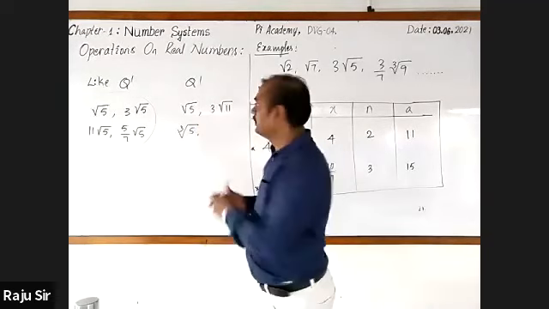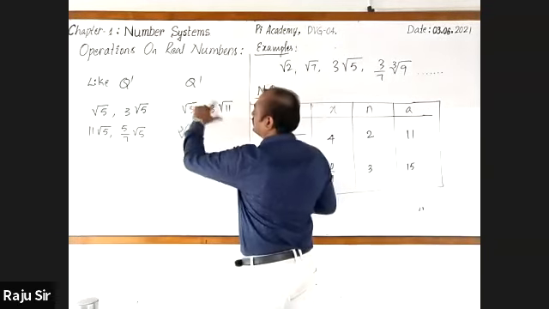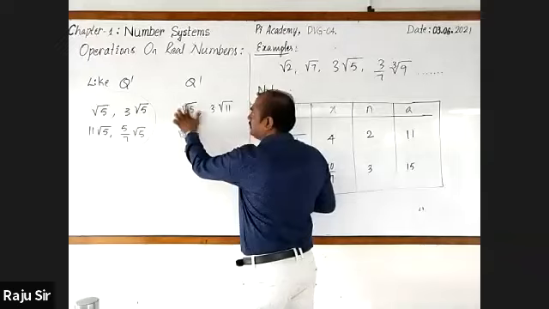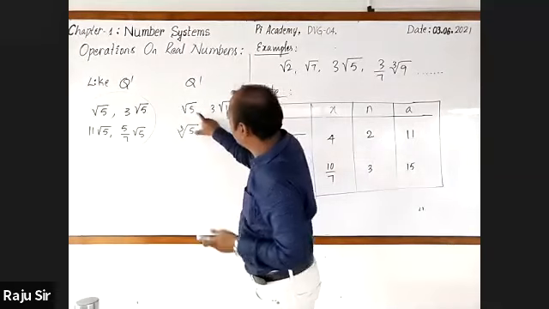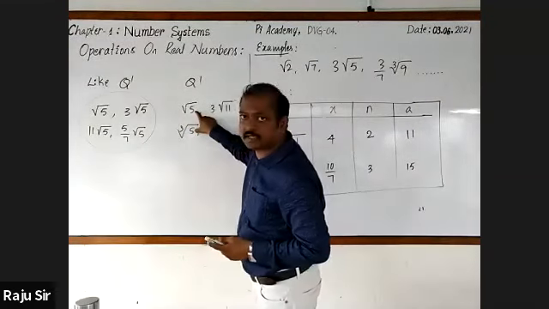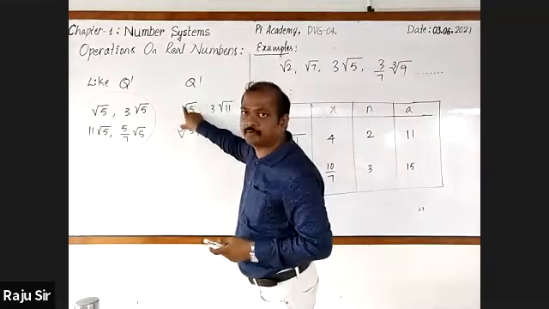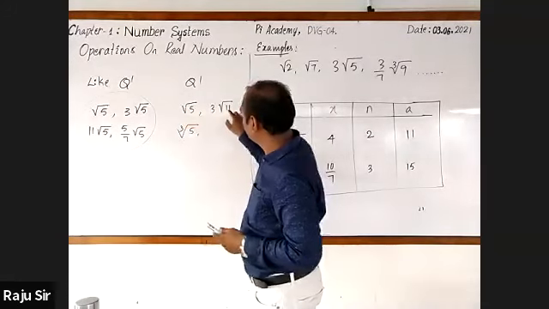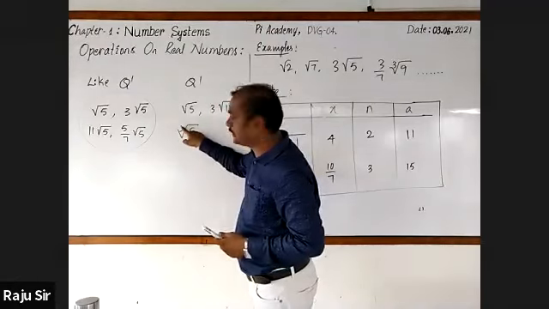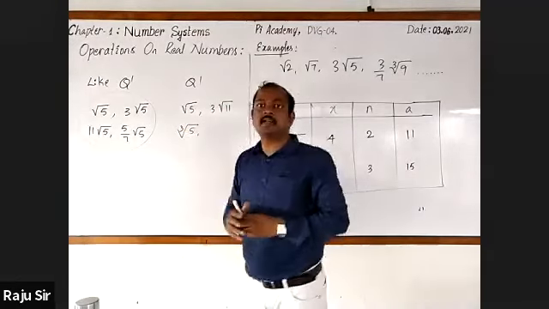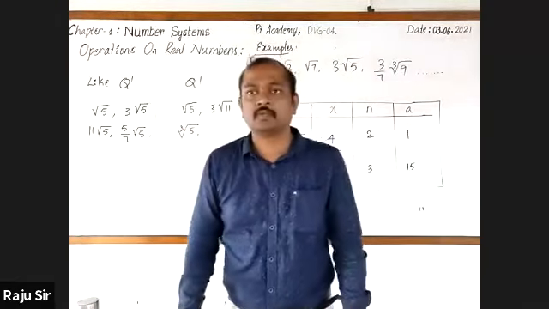Here orders are same, but radicands are different. In these two, radicands are same, orders are different. When you take these two, orders are different, and even radicands are also different.